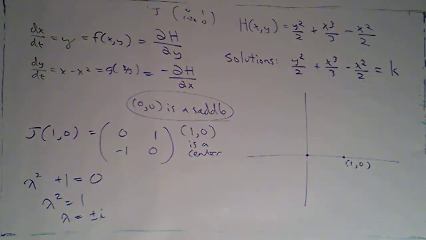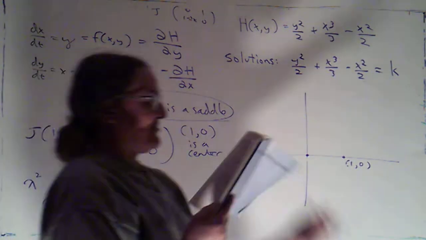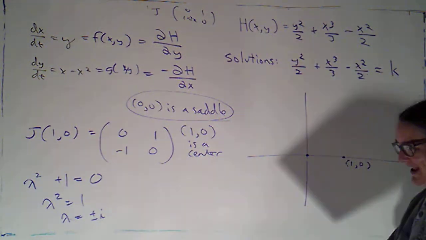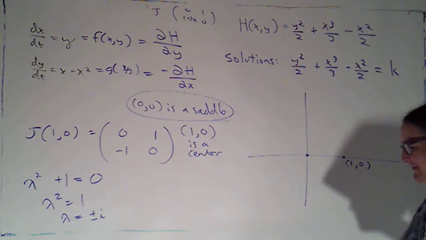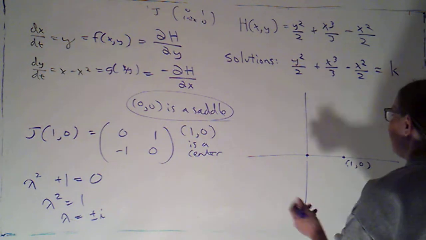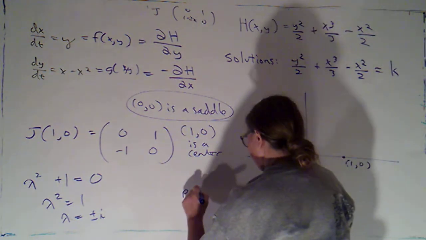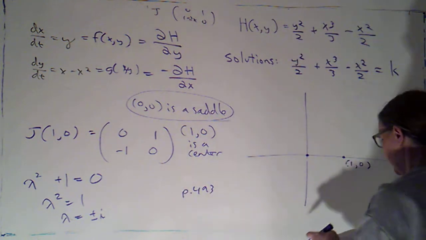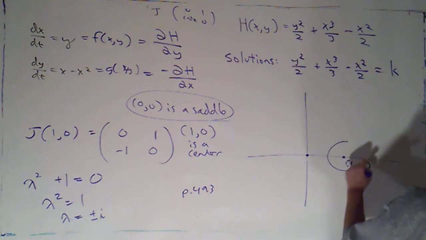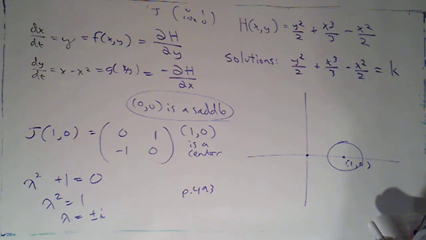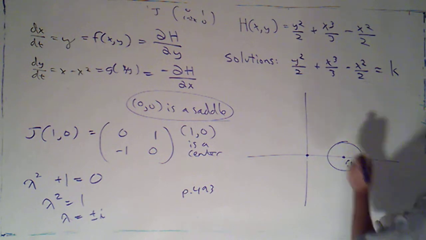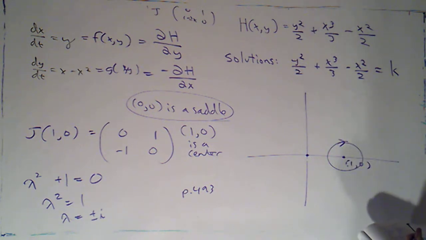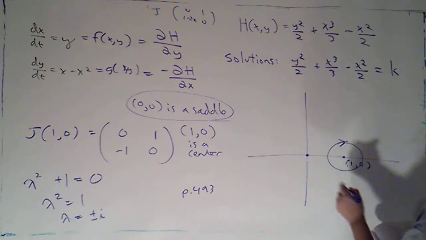So if I actually grab my textbook, I'll refer you to the correct page here. The phase portrait for this is actually on page 493. Okay. And it's kind of neat. We see a solution curve like so, oriented, it turns out, going clockwise.